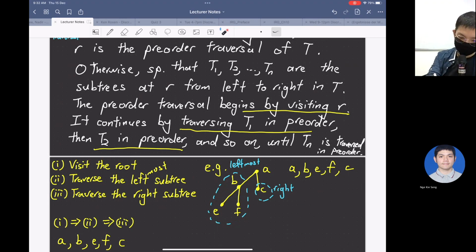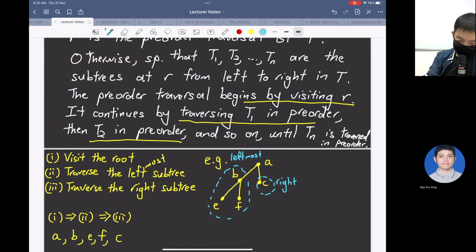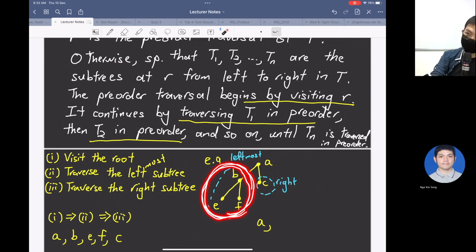Okay, so let's do it again. You are given this ordered tree, right? This is important. This will come out in the end. If you're given this tree here, what you do is you visit the root first. Visiting the root is already one step, so you can put down the vertex. Next, you need to traverse the leftmost subtree. But when you traverse the leftmost subtree, it's still a tree.